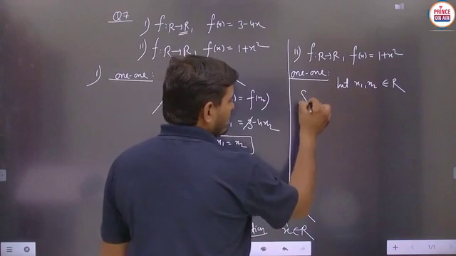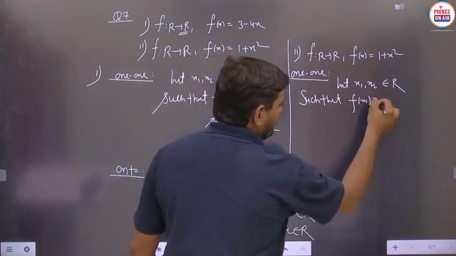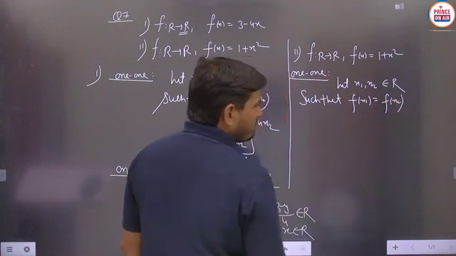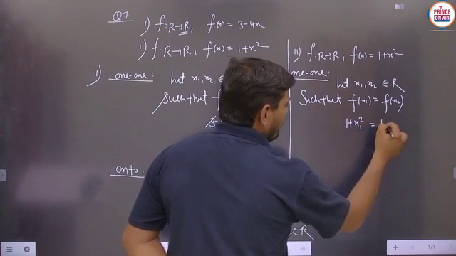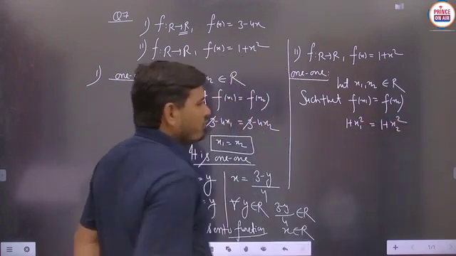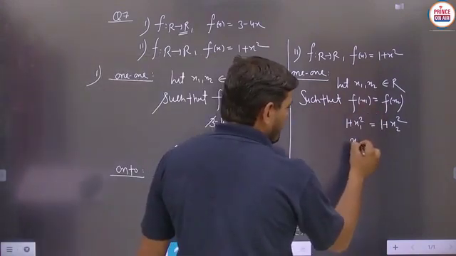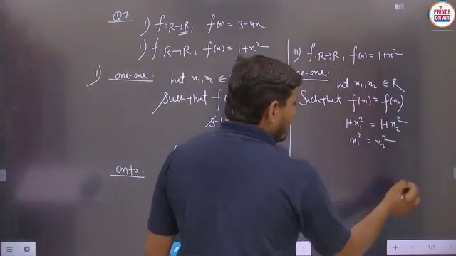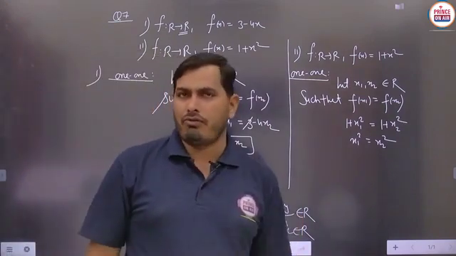And in such a way that f of x1 is taken equal to f of x2, and we are saying that 1 plus x1 square equals 1 plus x2 square. Is it to be clear? Now students, the 1 will cancel out, then we will get x1 square equals x2 square. Now what are x1 and x2? You can check x1 and x2 are taken from the real numbers.